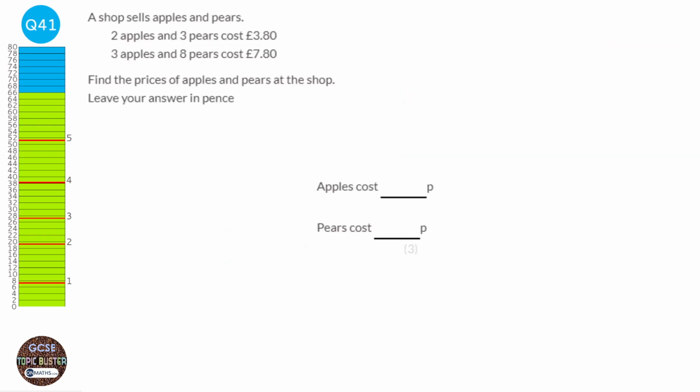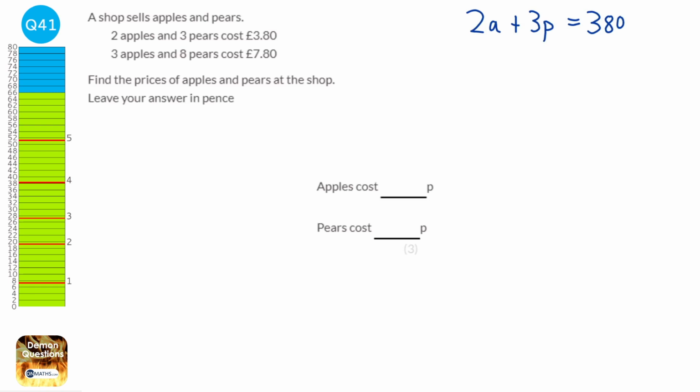So this question is a simultaneous equations question. And so we're going to have to write down some equations. So it says 2 apples and 3 pears cost £3.80. So 2 apples, I'm going to call it a for the price of an apple, plus 3 pears, so 3p, cost £3.80. Now I'm going to do this as 380 just because it's easier to work with integers rather than decimals.